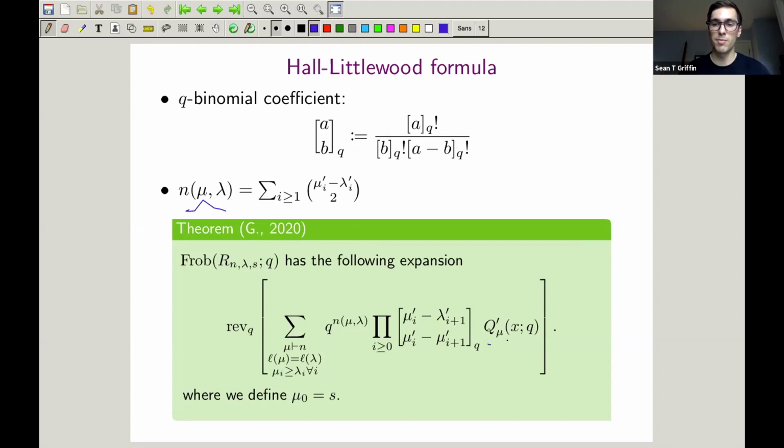So q prime is the same thing as the q reversal of H tilde.